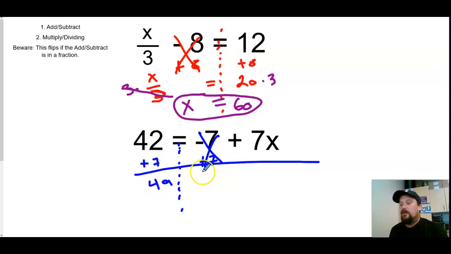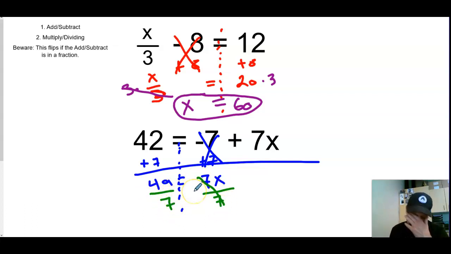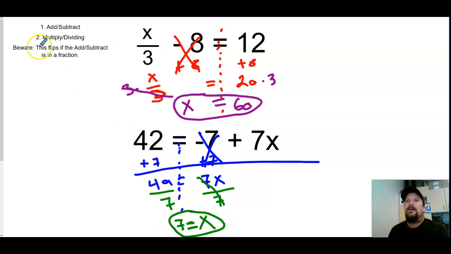The plus 7 and negative 7 cancel out, and I bring down my 7x. This is 7 times x, so we get rid of multiplication by dividing. 7 divided by 7 is 1, so we get 1x, but we don't need to write down the 1. And 49 divided by 7 is 7. There is my answer.